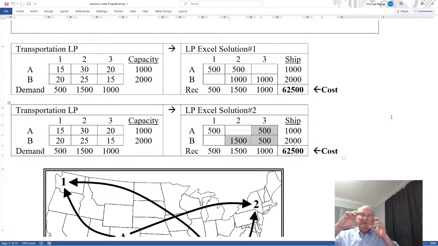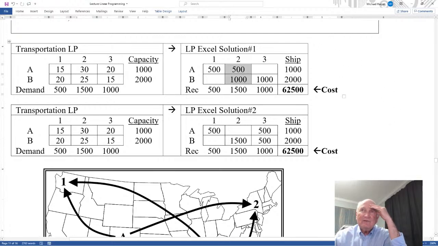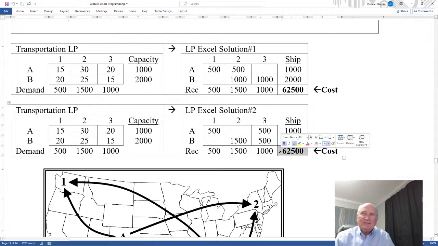One went down, and this 500 went down, and 500 this went up. I don't know, but this is a different shipping schedule with the same minimum cost.